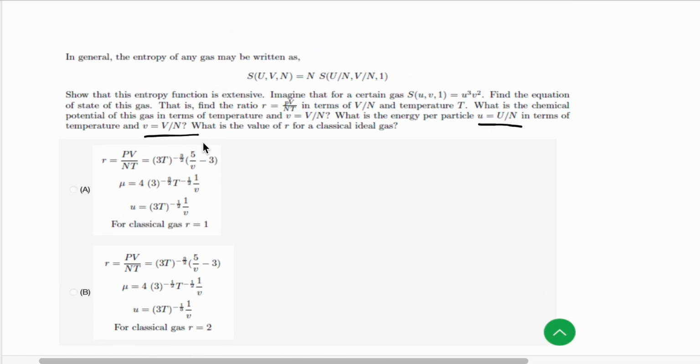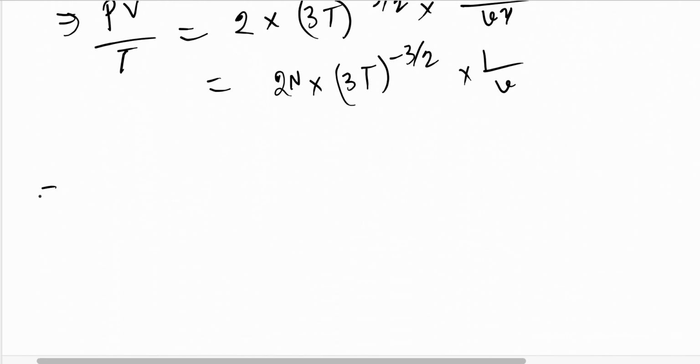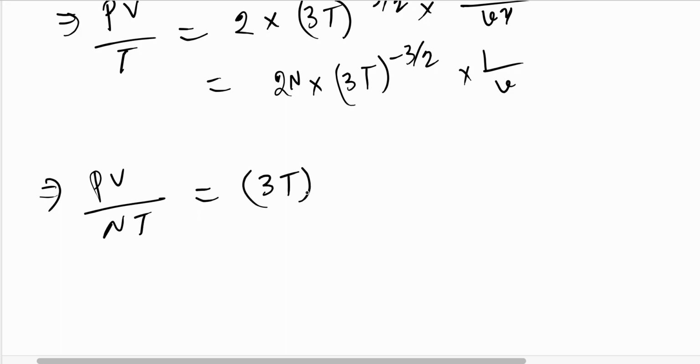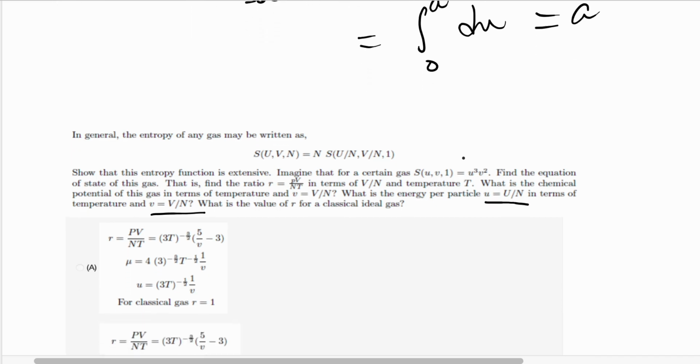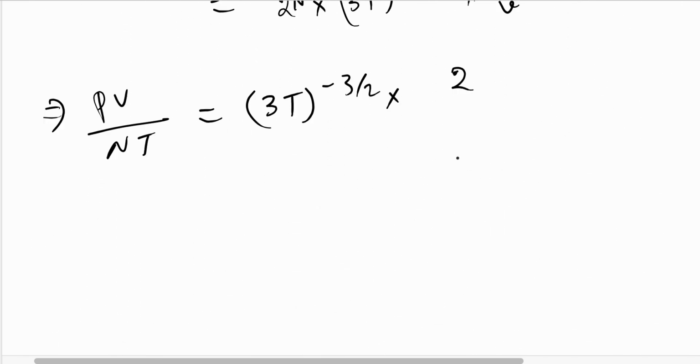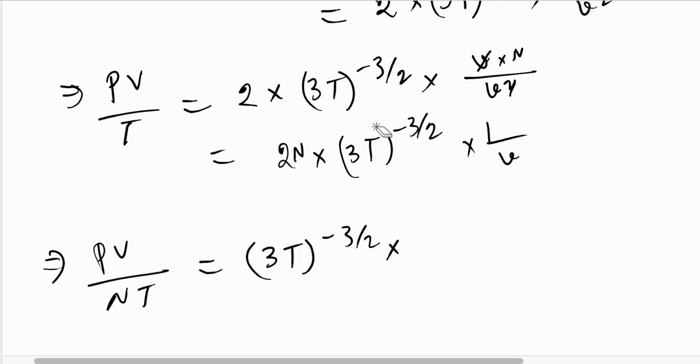So let's check. PV by NT is equal to 3T to the power minus 3 by 2 into 3 by V minus 2 by V. No, it's not correct actually.